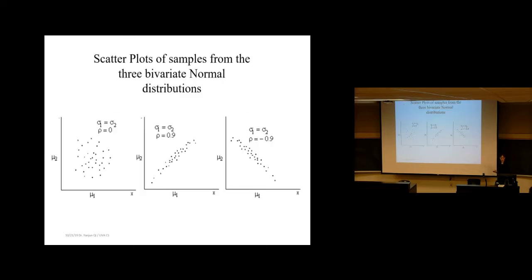All right, so I talked about all those models again and again, right? But truly what you observe are data. So what does the data look like when you have sigma 1 equal to sigma 2 and rho equal to 0? This is the kind of data you're going to observe. It's more densely distributed in the center.